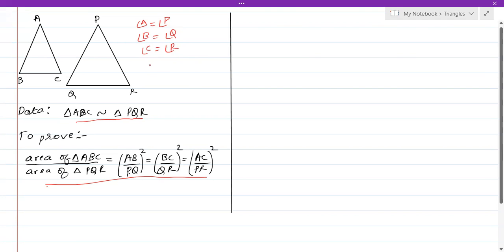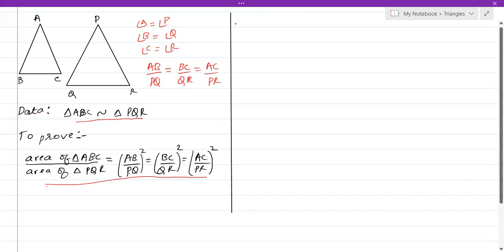At the same time, we can also tell the corresponding sides, that is AB by PQ is equal to BC by QR, that is equal to AC by PR. We can write this because the triangles are similar. Only if triangles are similar, we can write these two conditions.